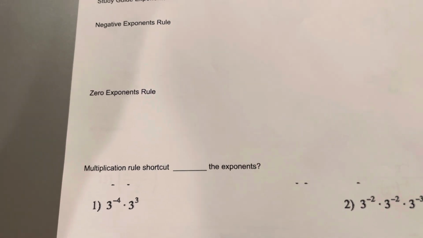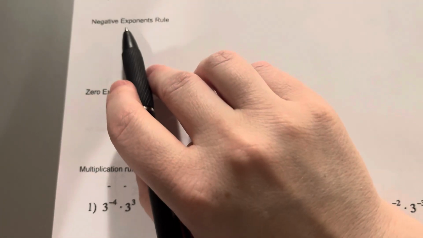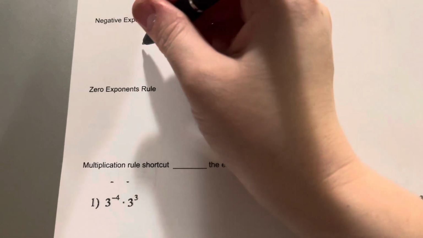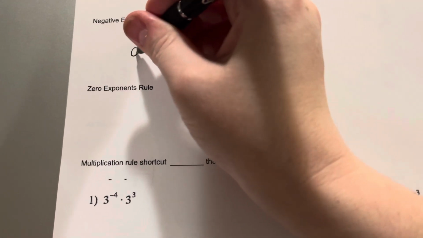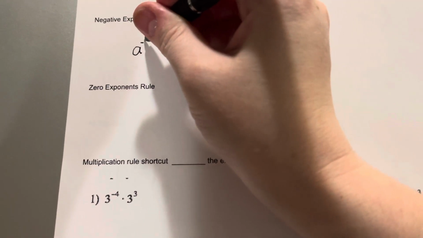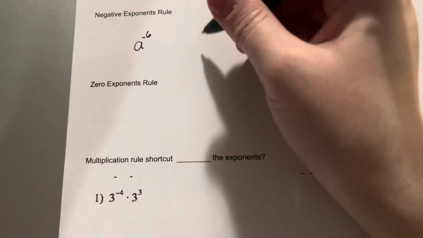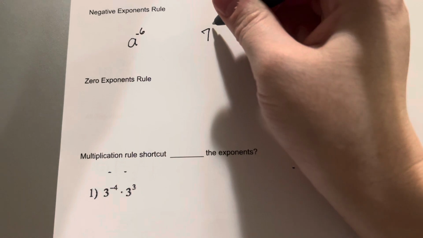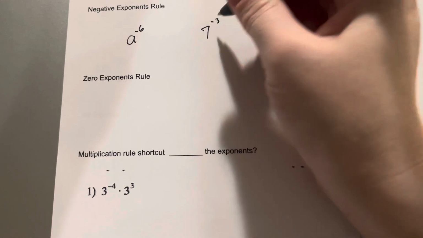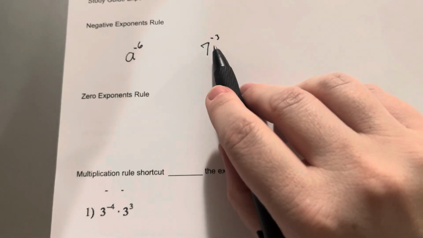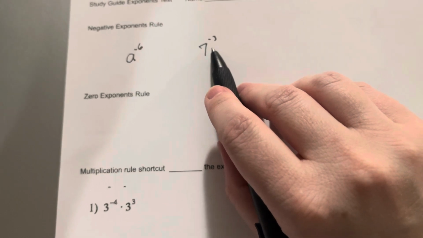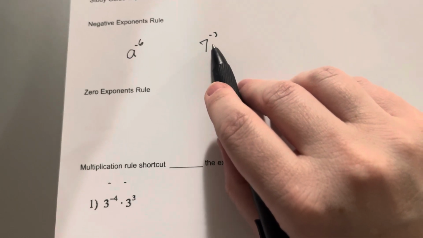Okay, so the negative exponent rule tells us if we have any number with a negative exponent, now that could mean a variable of any kind or a base that's a number, if it has a negative exponent, that means we need to rewrite it.